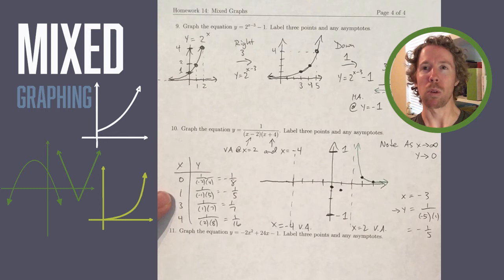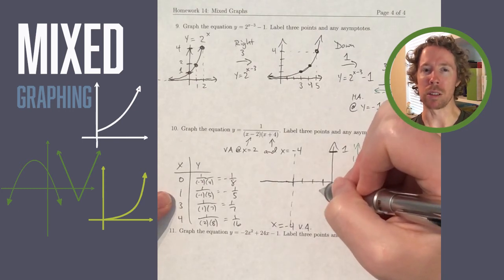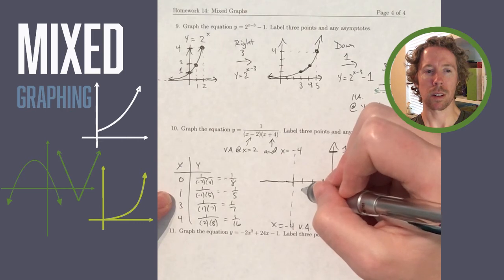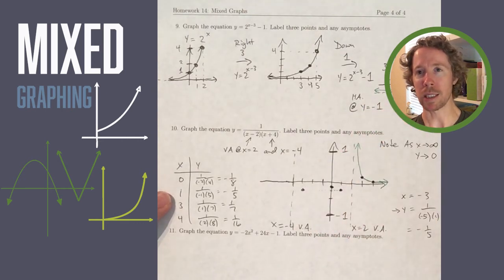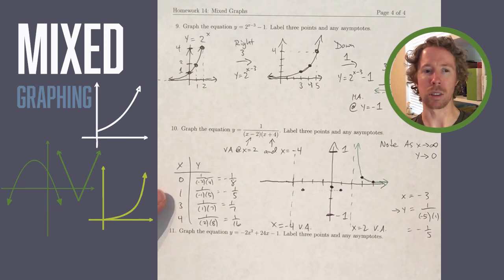Because, for example, 1 over 10 is bigger than 1 over 100, and that's bigger than 1 over 1,000, that's bigger than 1 over 1,000,000, but they're all bigger than 0. So as x gets bigger, y gets smaller, but it doesn't ever touch 0. That's what gives it the asymptote.